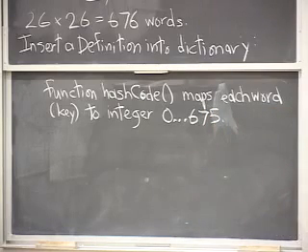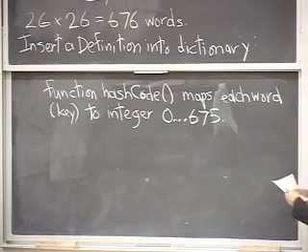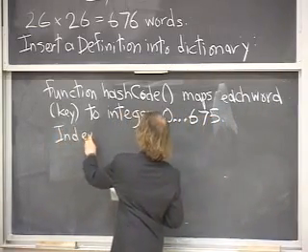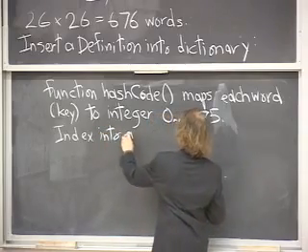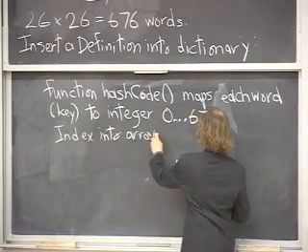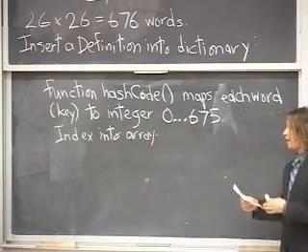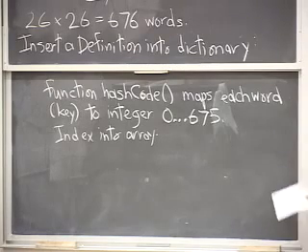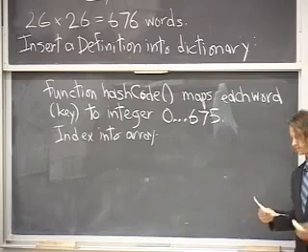And then we use that integer to just look up the word in the array. That particular entry in the array, we call the bucket, where we're going to store the definition for that word. And then whenever we want to look up that definition, we can look it up basically in constant time.